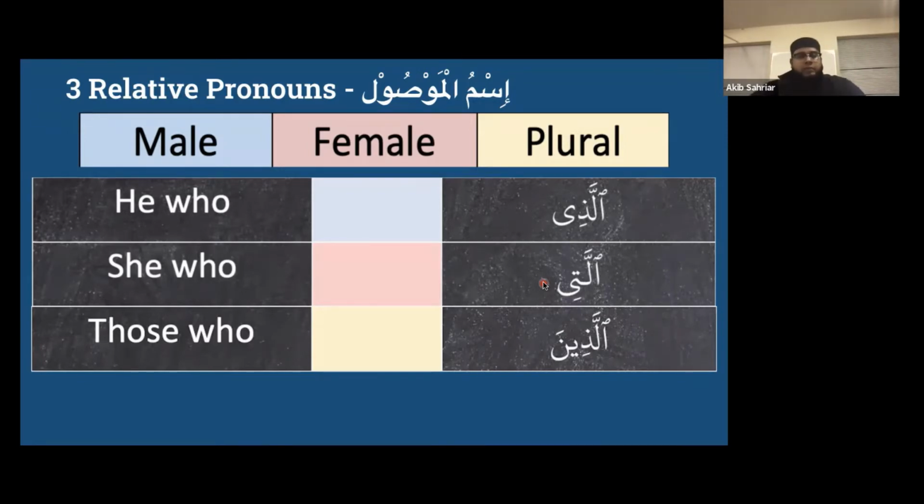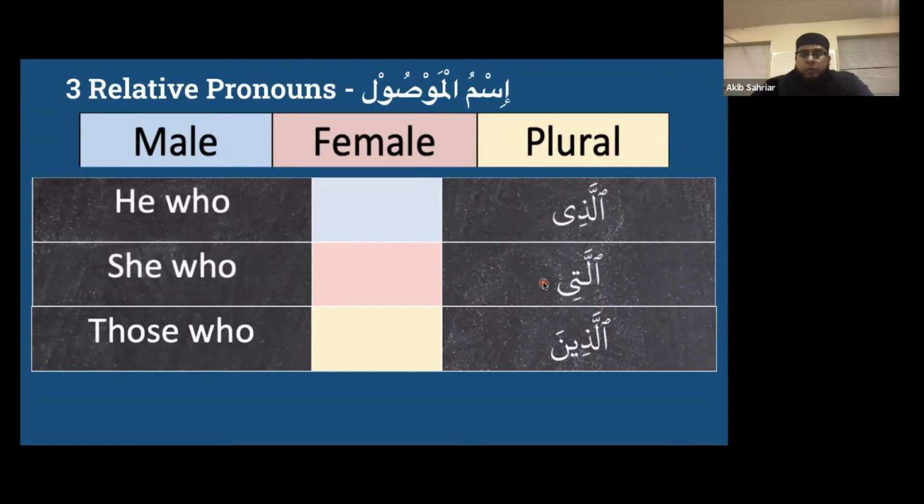So similarly in this case as well. Alladhi is for masculine, and then allati with the ta, there's a slight difference, would be for feminine. So allati refers to a person, a female, or an object or a place that is also in the feminine form in Arabic. So for example, like we did before, ummatun, which means nation, like the ummah of the Prophet Muhammad. Ummatun is a feminine word because of that circle ta at the end, right?